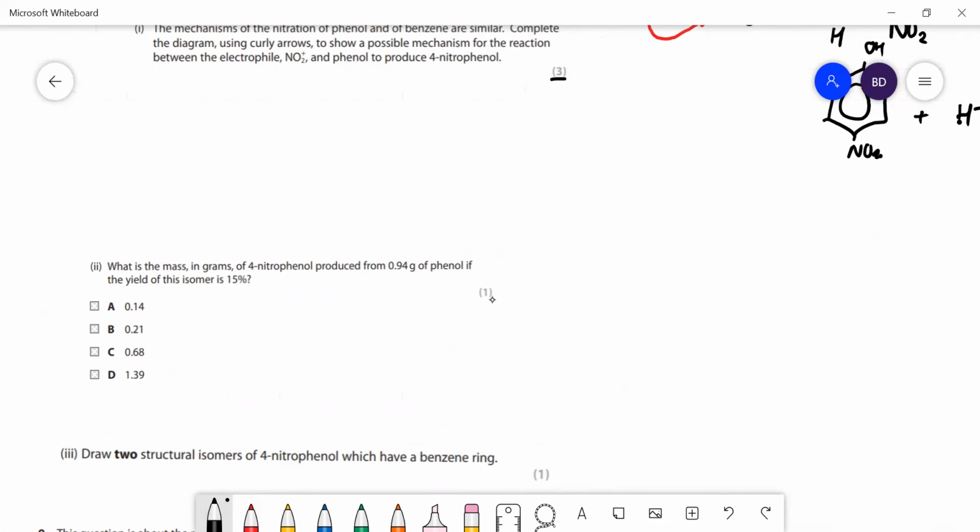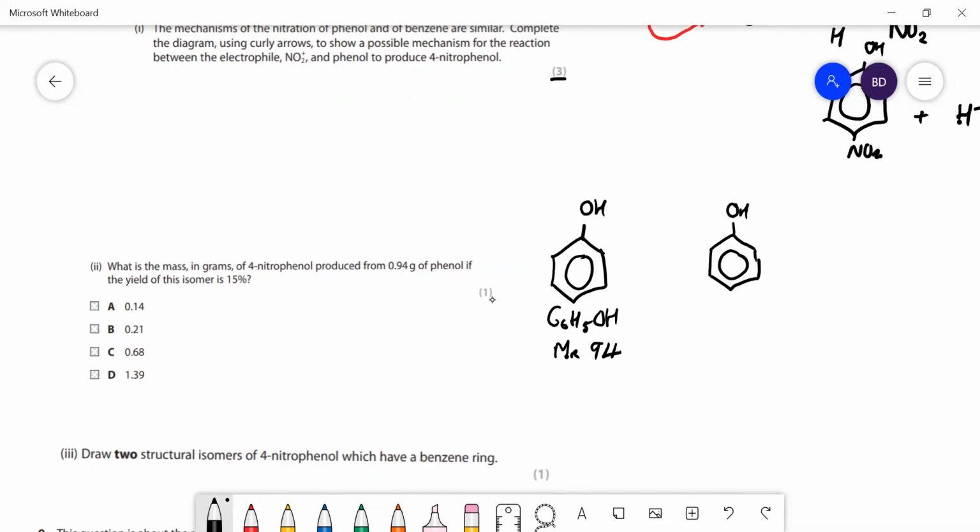Okay, so we need the phenol. C6H5OH. The MR of that is 94. And for nitrophenol, sorry, I need to put an OH on there.